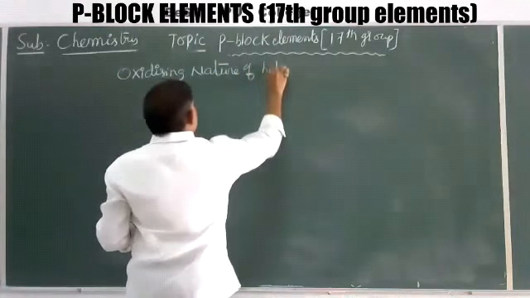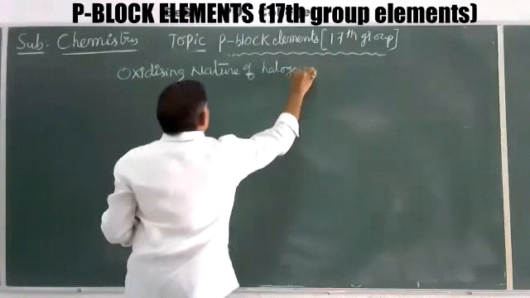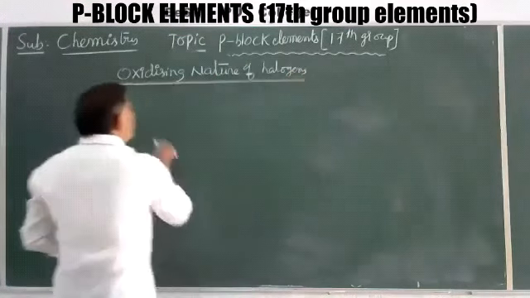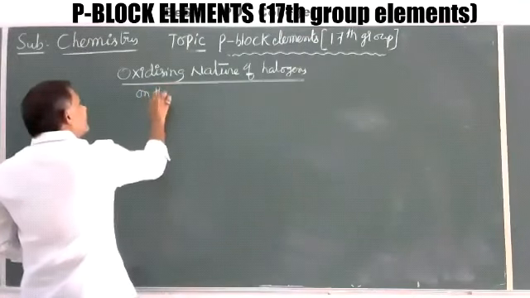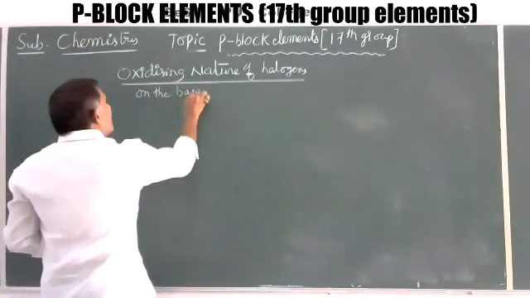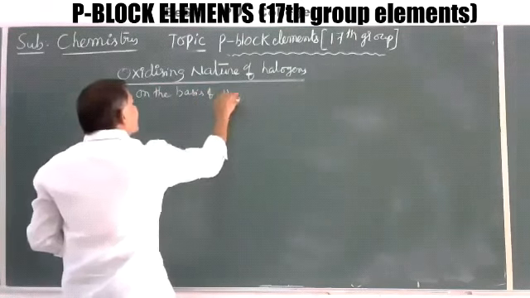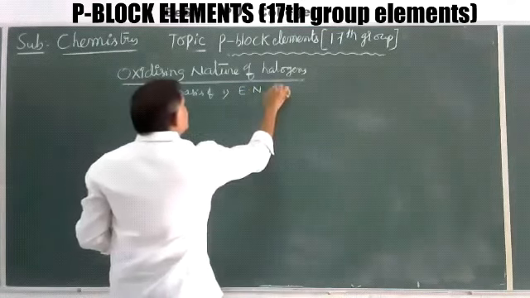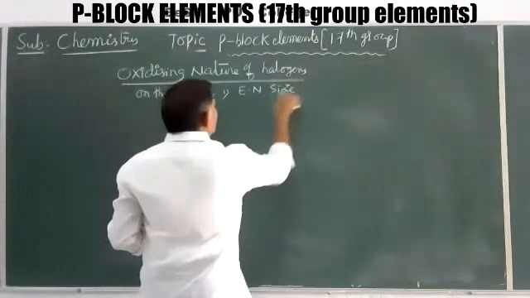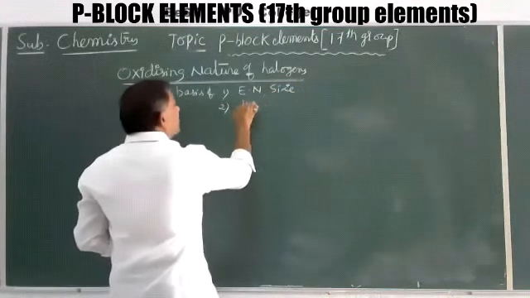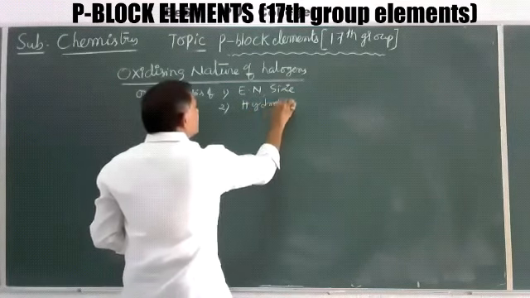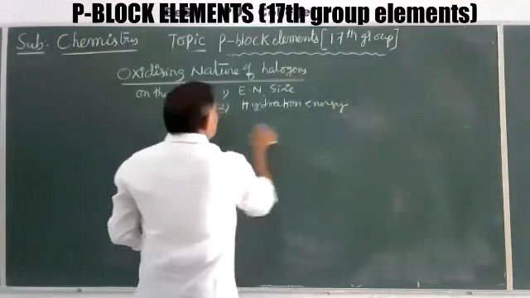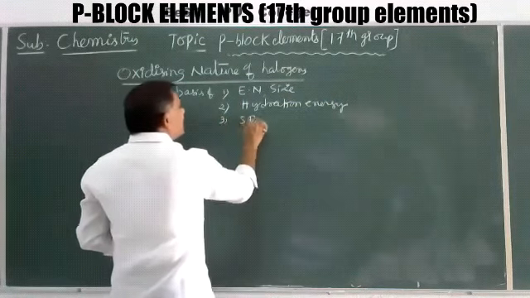This oxidizing nature of halogens we can explain on the basis of electronegativity, size, hydration energy, and SRP values.